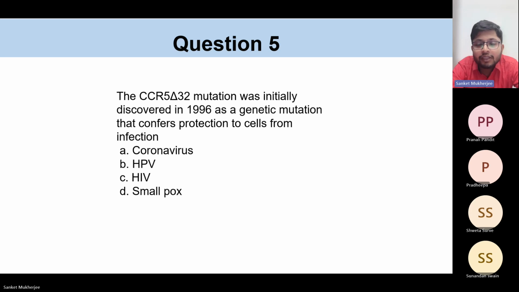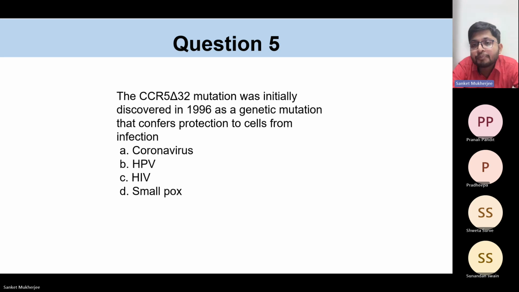What is HPV? Human papillomavirus. That is correct. HIV is human. What is HIV? Human immunodeficiency virus. Yes, correct. Very good. So which of these viruses, this mutation will confer you protection against this virus?